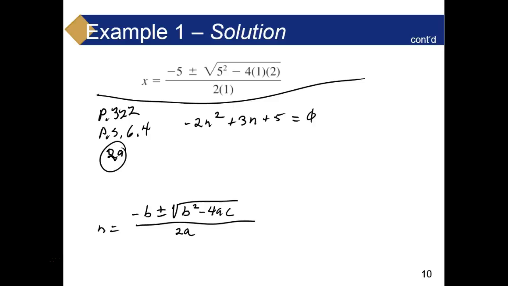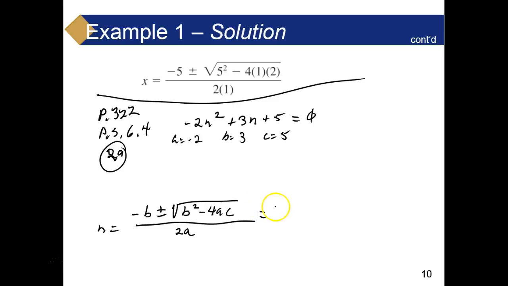All right, now before we can use that, what do we have to do? Okay, what numbers? All right, yeah, we identify what A, B, and C is. And A is, you said negative 2, B is 3, and C is 5. Very good. Okay, so now we plug them in.